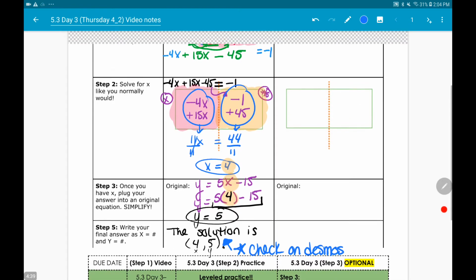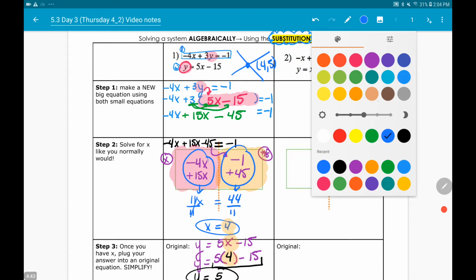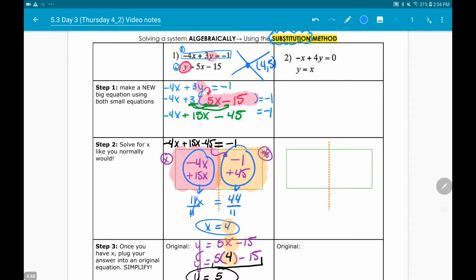All right, let's try system number 2. Same question for you. Which equation am I going to start with? Equation 1 or equation 2? Equation 1.